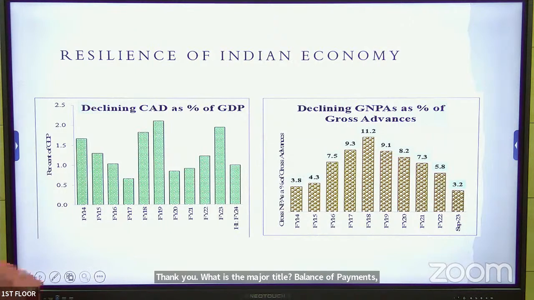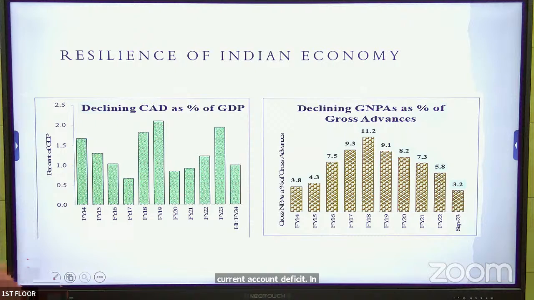Under the current account, we have goods account, services account. Under the capital account, we again have the short term and the long term accounts. So this percentage, what is given here, is only about current account deficit. In this current account, we have the goods and the services. Services account is always positive, which is surplus.